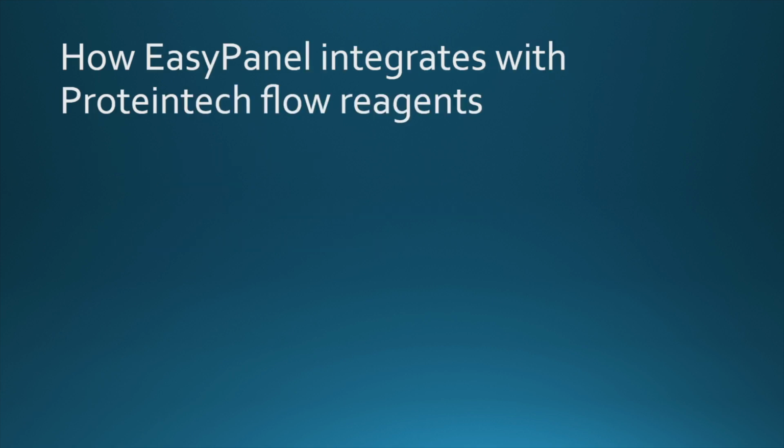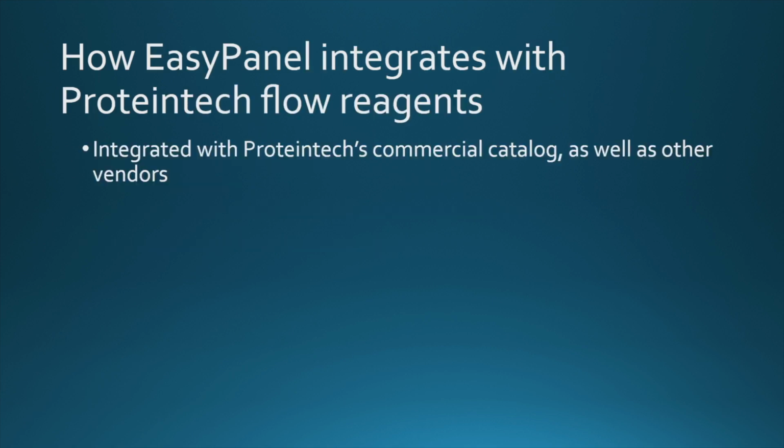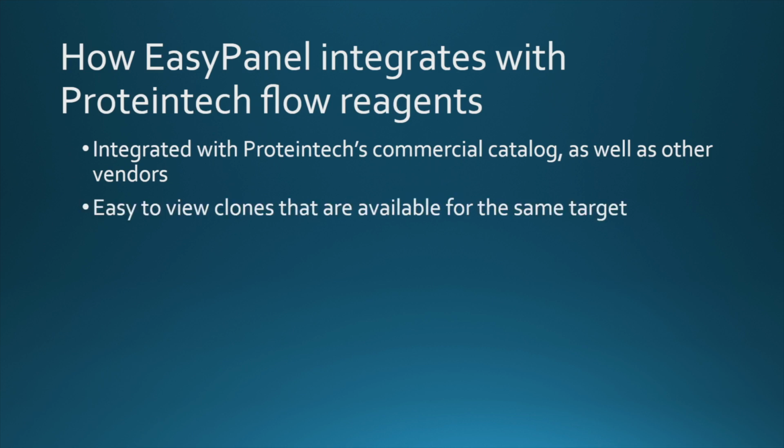And like I mentioned, it is important to suggest products that actually exist. Otherwise, things will become really complicated. And for that purpose, we partnered with Proteintech and actually pretty much all major vendors of flow cytometry reagents to make sure that the products we're suggesting are commercially available. And we not only show you the link to the vendors' websites, but also the literature information about these products, whether the clones or their associated clones have been published in any of the OMIPs or any of the flow cytometry publications.